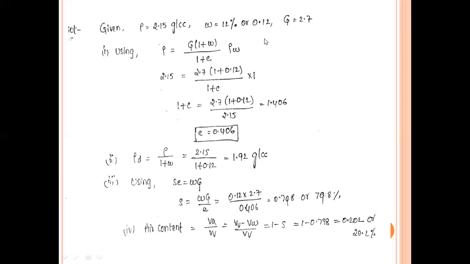Water content is 0.12 and rho W, the unit weight of water, is 1000, equal to 1. Then here we find out the void ratio E: 1 plus E equal to 2.7 into (1 plus 0.12) divided by 2.15, the rho value. Then finally E equal to 0.406. This is the void ratio.